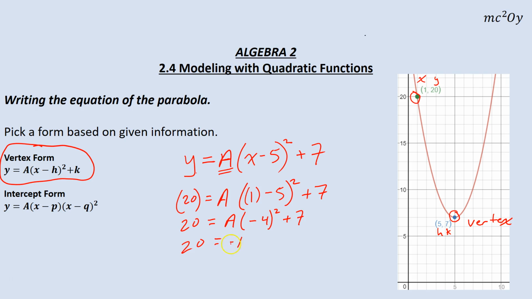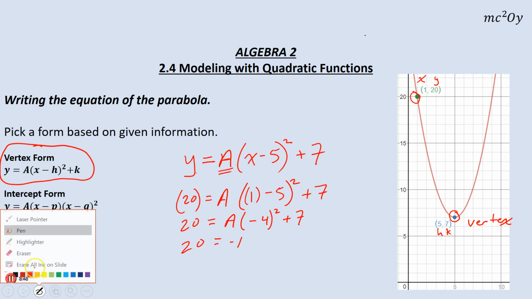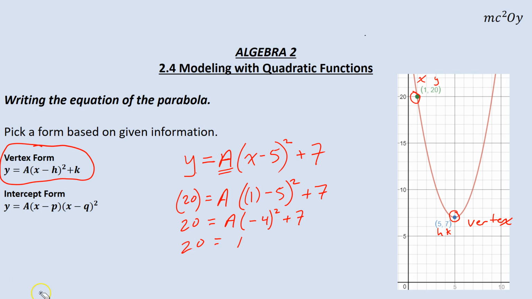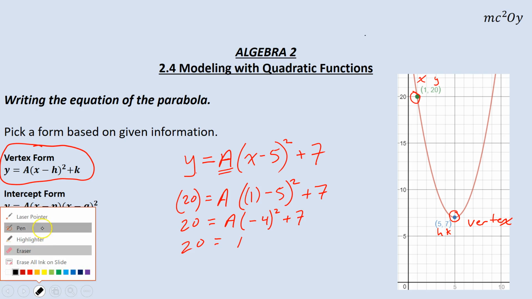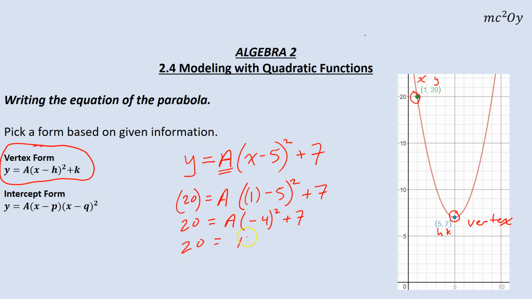So 20 equals positive 16a. Negative 4 times negative 4 is positive 16, times a, all plus 7. So 16a, if I subtract 7 from each side, would equal 13.